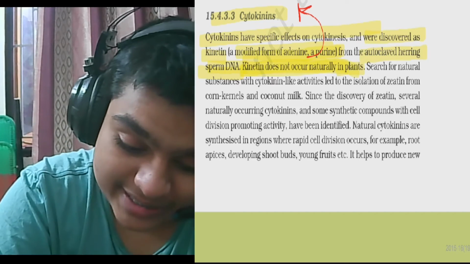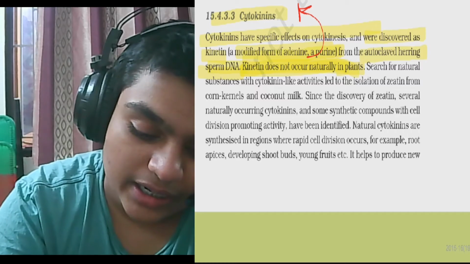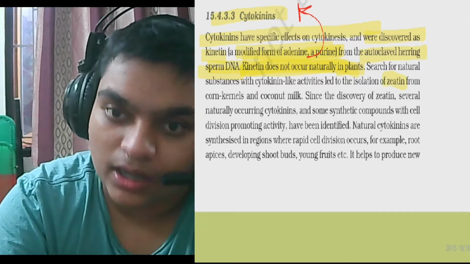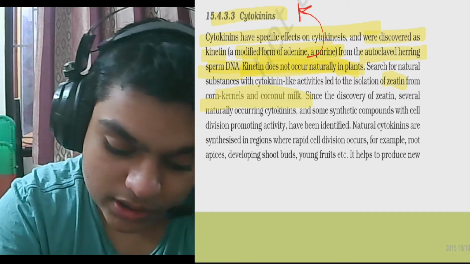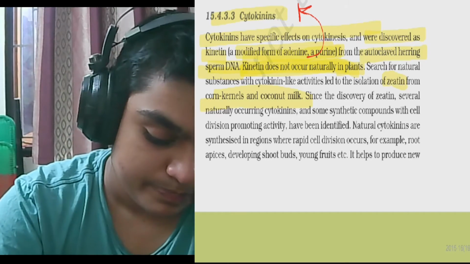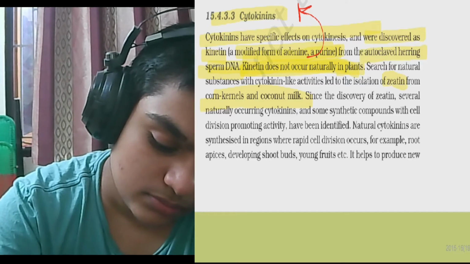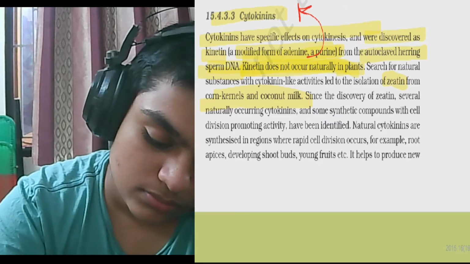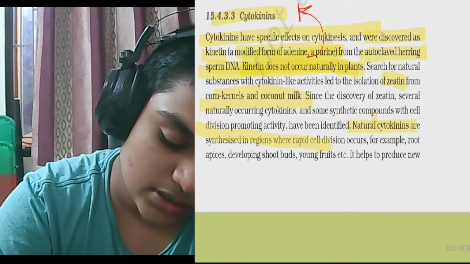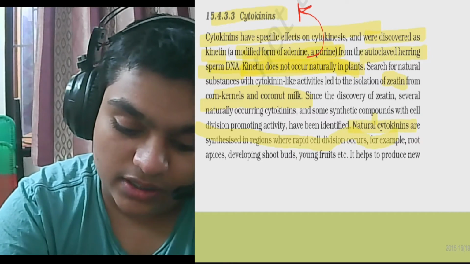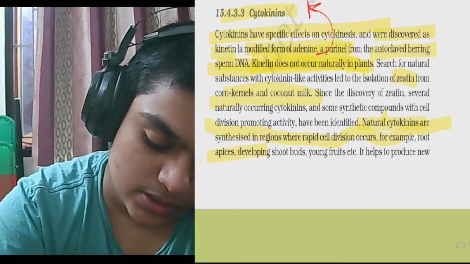Kinetin does not occur naturally in plants. The search for a natural cytokinin led to zeatin. Zeatin occurs naturally in plants, and it was first discovered from corn kernels and coconut milk. Naturally occurring cytokinins are synthesized in regions where rapid cell division occurs, for example root apex and shoot apex.